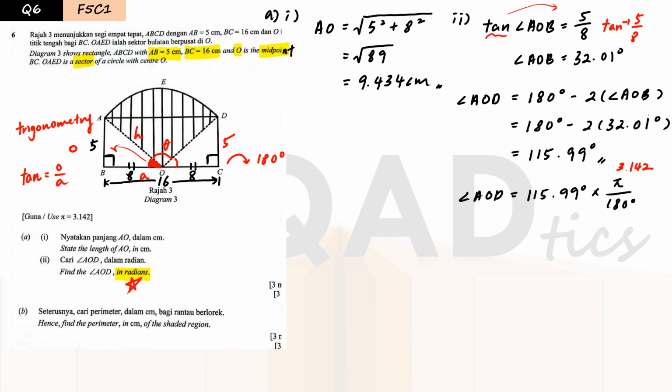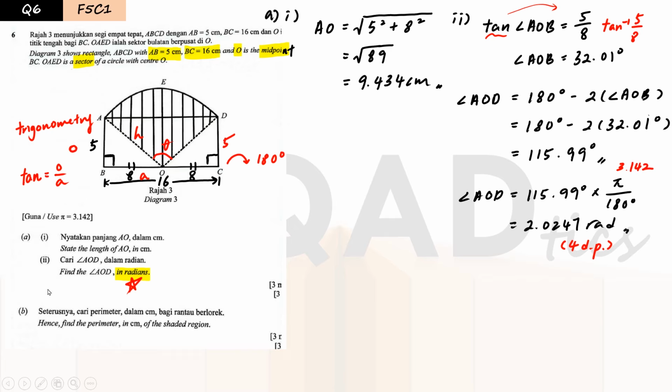Okay? So once we multiply this value and divide with this value here, you will get the angle in radians, 2.0247. And this is a standard way of writing out the angle in radians, which is to write it in 4 decimal places. Right? 4 decimal places.